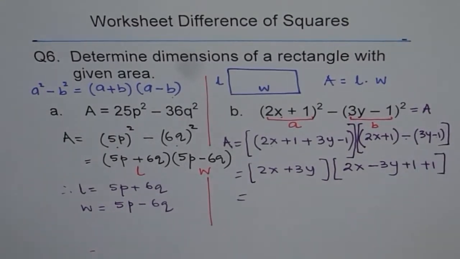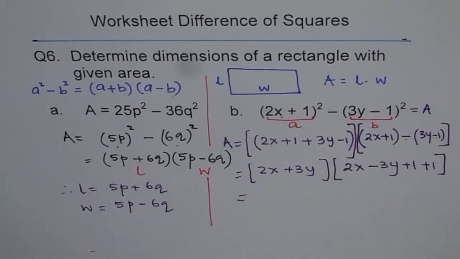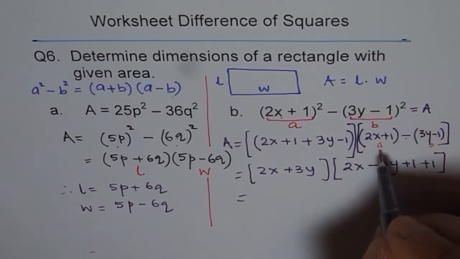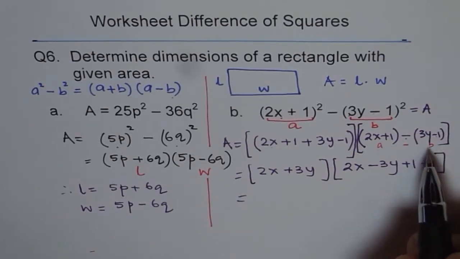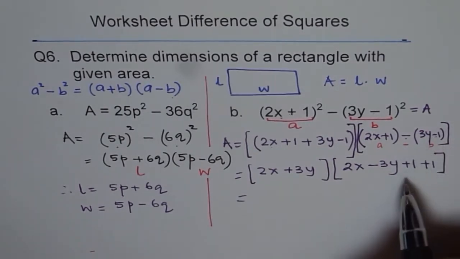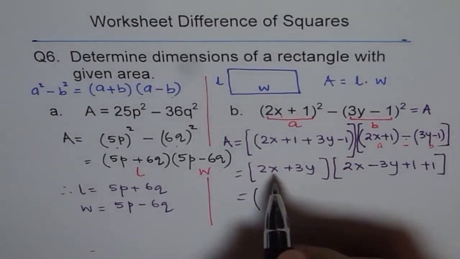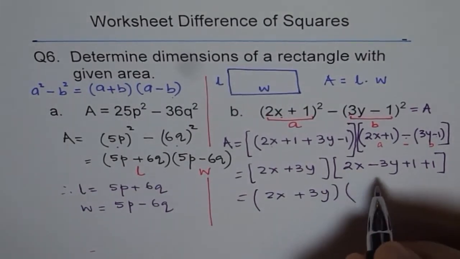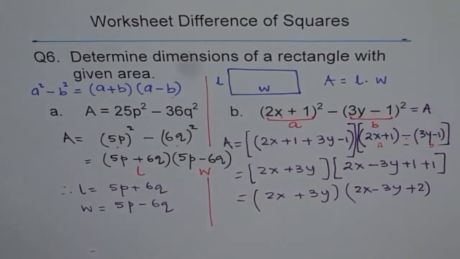Now I hope you appreciate why I use square brackets and within them a and b. You see, what is this? This is a and that is b, right? 3y minus 1, a minus b. Do you see how I have written it? That is what you have to write. And always put them in brackets, because when you open this bracket, the sign changes. So that is another mistake which can be done here, right? So let's avoid these mistakes. So we get 2x plus 3y here, and this is 2x minus 3y plus 2. So that is the factored form.